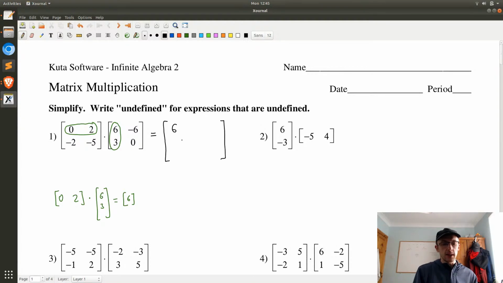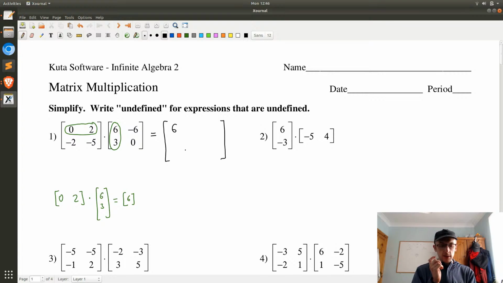How would I get the entry? Let's just say I have a massive 10 by 10 matrix multiplied by another 10 by 10 matrix. You would never do this by hand. You would get a computer to do it. But let's just say that that's the case. The output will be a 10 by 10 matrix as well.